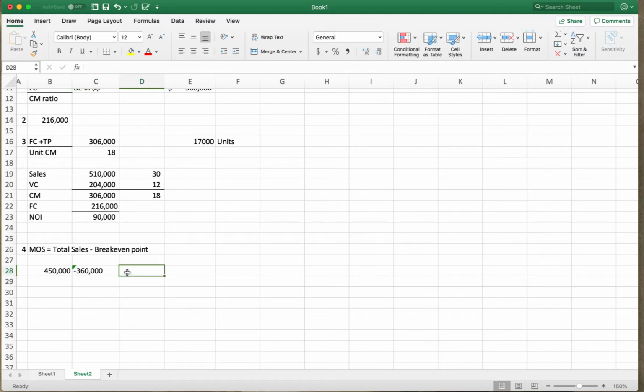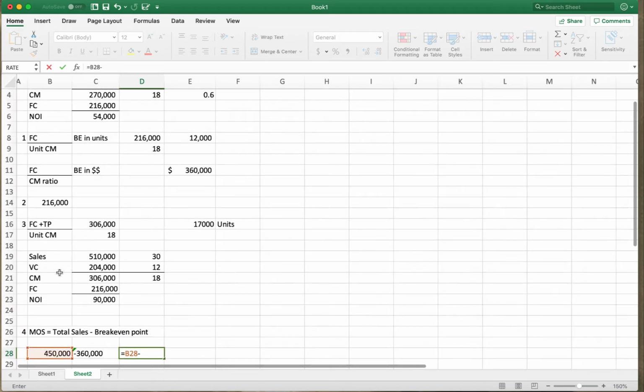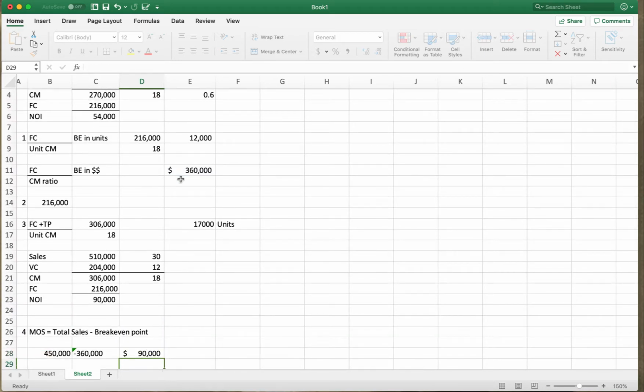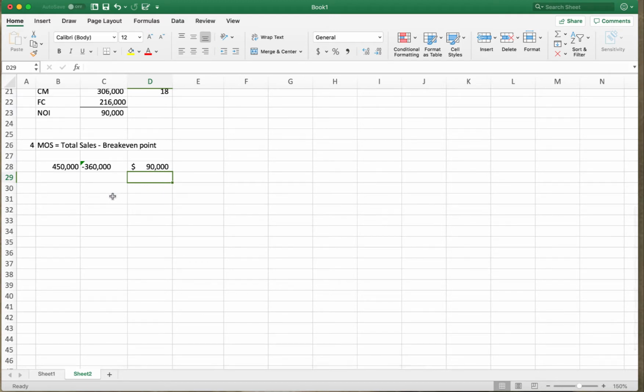So that ends up being $90,000. Okay, so that's the break even in dollars. Or I'm sorry, that's the margin of safety in dollars. Sales can drop $90,000 before we're in danger of incurring a loss.